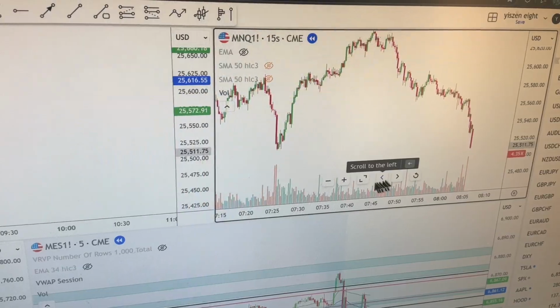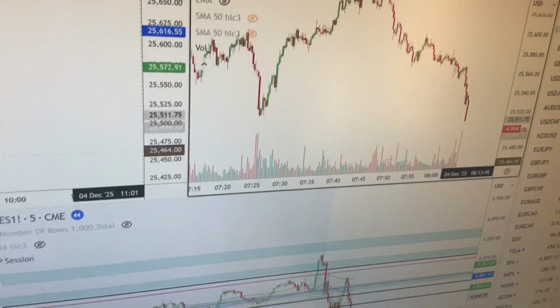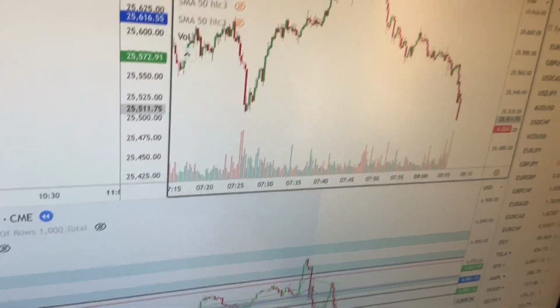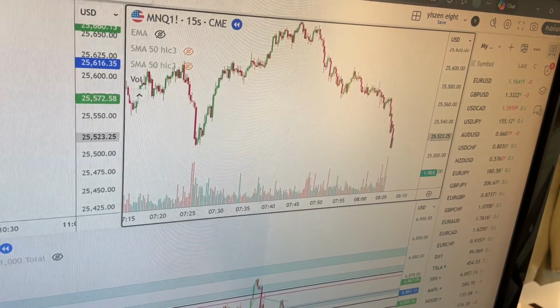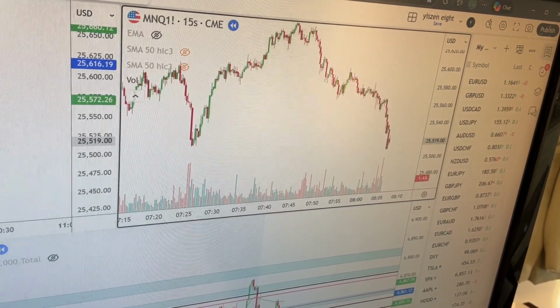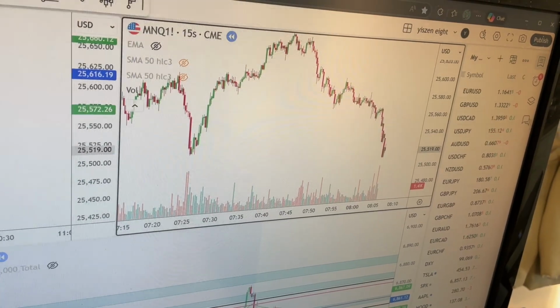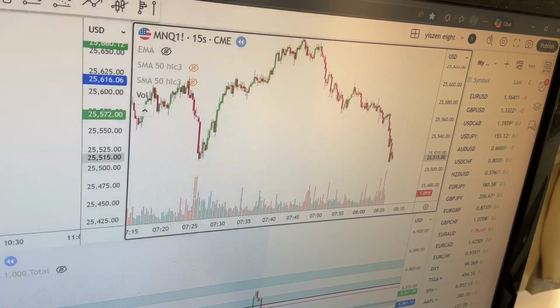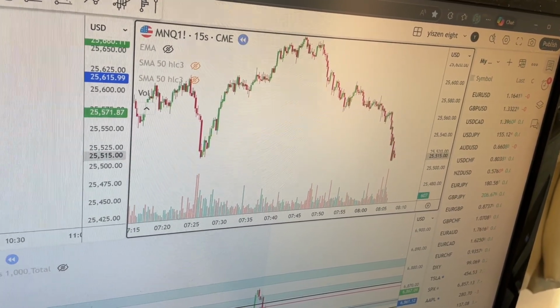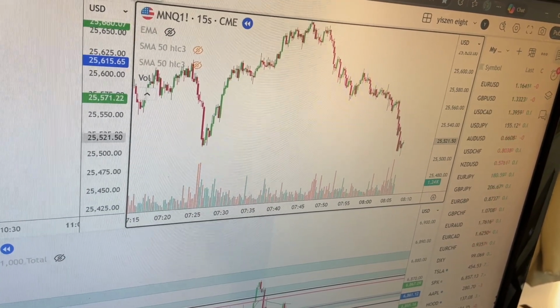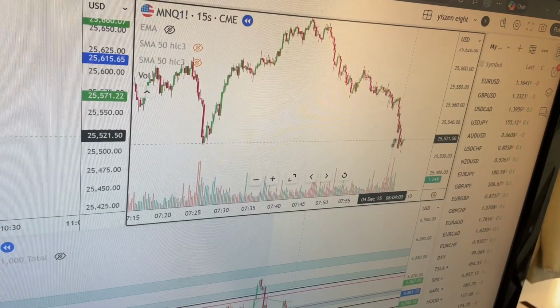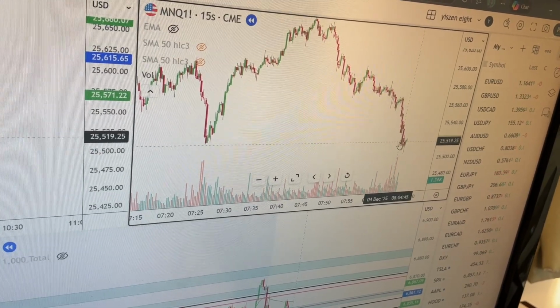And as we go, the 15-second is going to be showing mainly we're just trying to recreate or trying to see more granularly. So we have the first signs of rejection here with the wick.